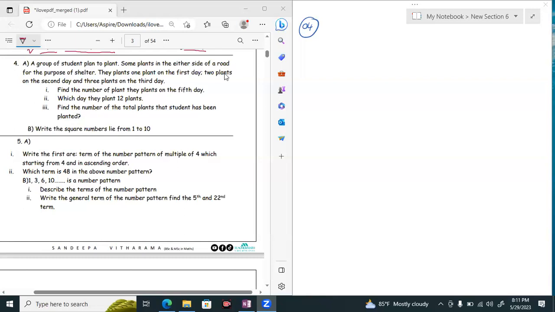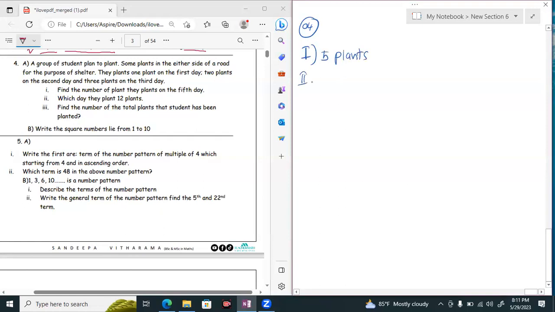That means actually 1 by 1 increase, no? Find the number of plants they plant on the fifth day. How many plants? It is very easy, no? It is 5 plants. Very easy.